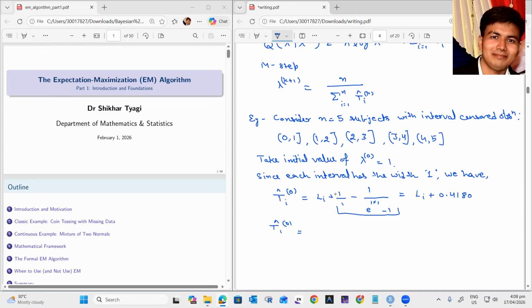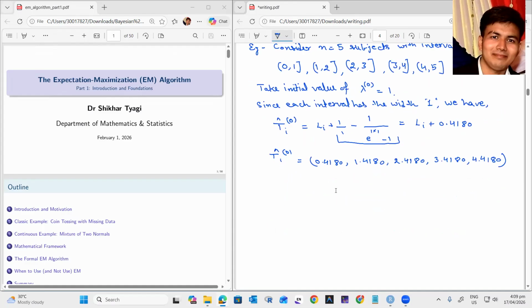So the corresponding values for each Li: for Li equal to 0 it will be 0.4180. For the second, Li is 1, so plus 1, that is 1.4180, then 2.4180, 3.4180, and 4.4180. These are the values of Ti at the initial state.